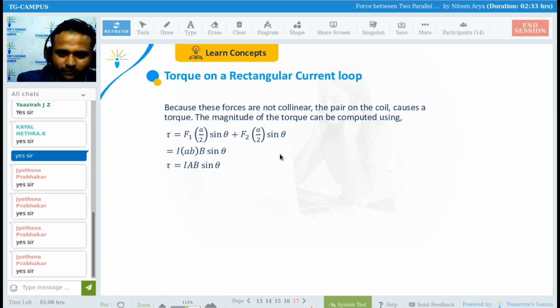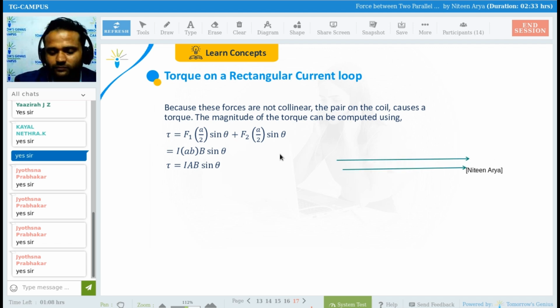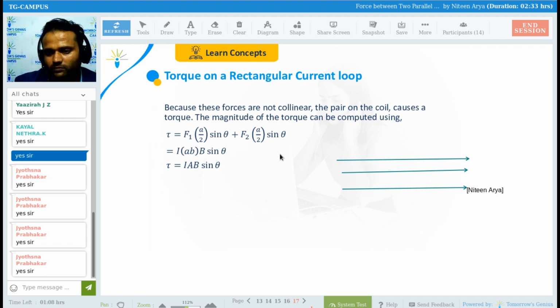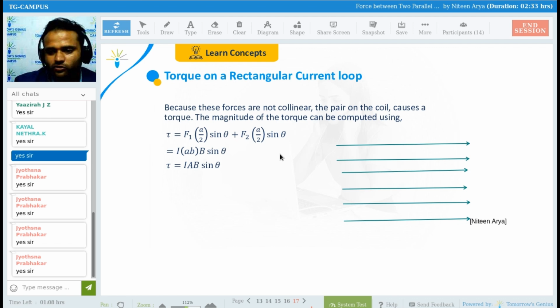Just give me a minute. Now suppose this is your magnetic field. Instead of a parallel plane, where the coil is parallel to the field, now your coil is tilted in this way.